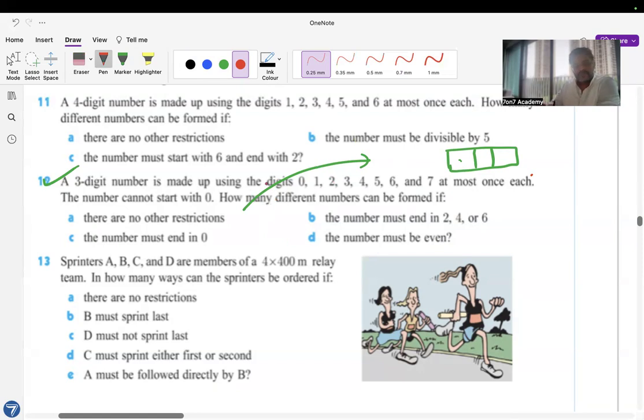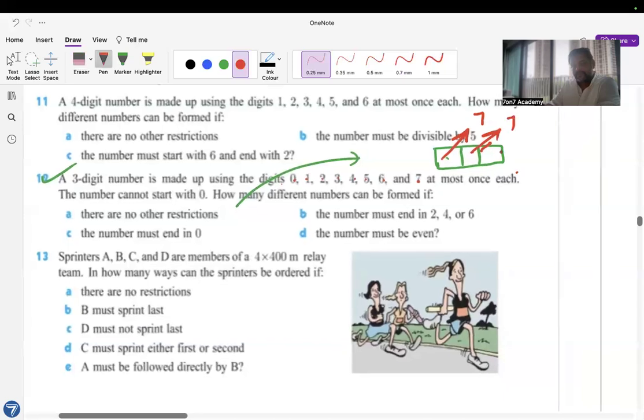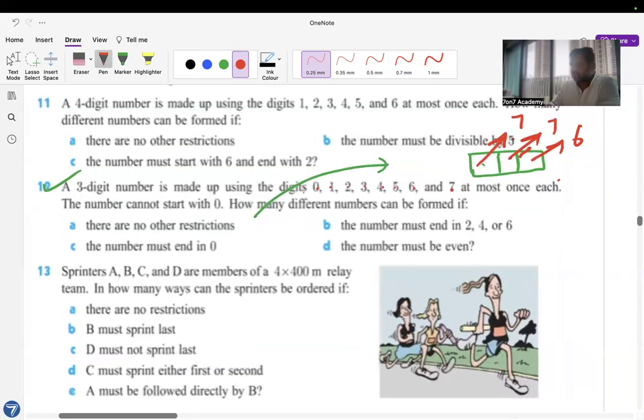So see how many numbers are there: 1, 2, 3, 4, 5, 6, 7, 8. This place can be filled in 7 ways because 0 cannot come here. If 0 comes, then it won't be a 3-digit number. Then this again can be filled by 7, this again by 6. Actually 7, 7, 6.